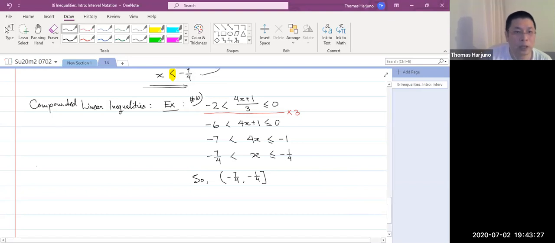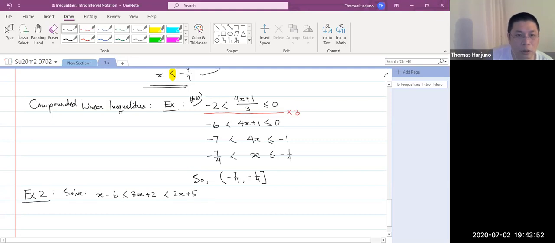Now, the case that I just showed you is actually the easy case because you have only x in the middle. The following example, I got it from nowhere, is a situation where you cannot do it the way I showed you earlier. Let's say x minus 6 is less than or equal to 3x plus 2, and less than 2x plus 5.